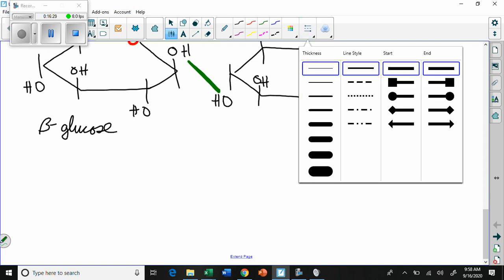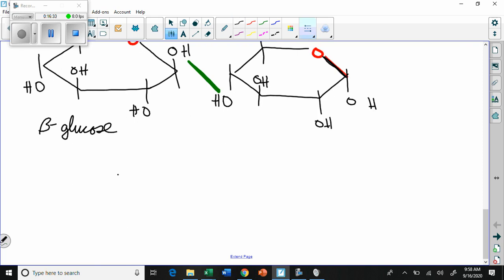So let's draw. Here we go. Here is the beta glucose. Leave room for the O. Here we go. And what we're going to do is draw this line here, but not label it because we have to put the linkage in there. So we'll just do the rest of the molecule first.